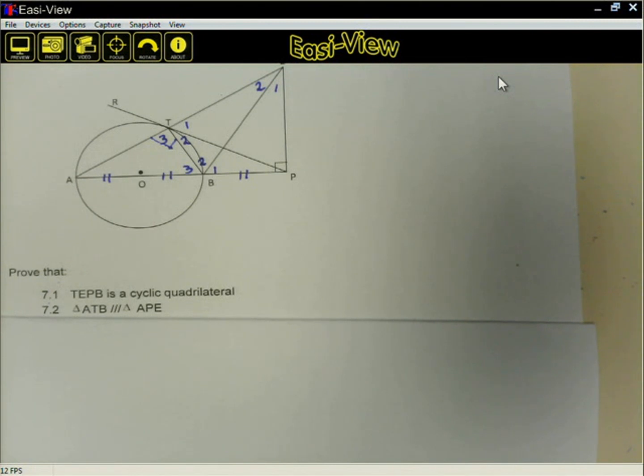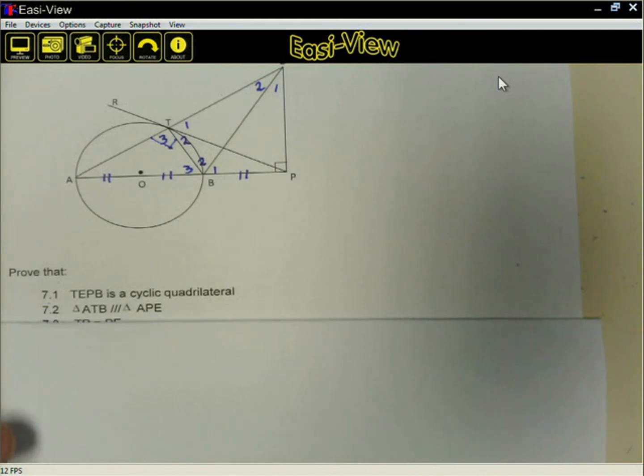So if the first two pairs are equal, automatically the remaining pair will also be equal. So if you are required to prove similarity between two triangles, just prove the first two pairs of angles to be equal, because the remaining pair will automatically be equal.